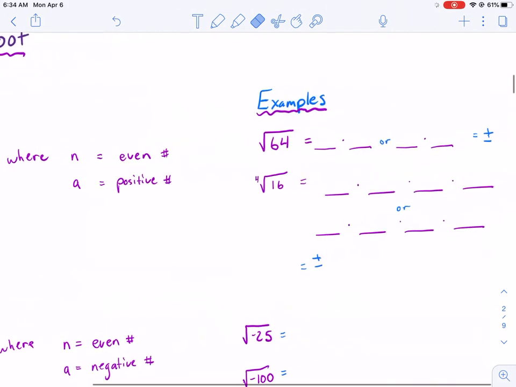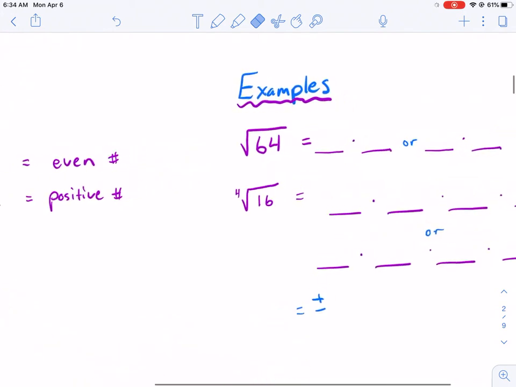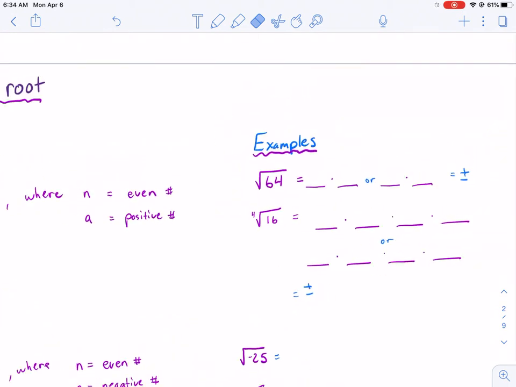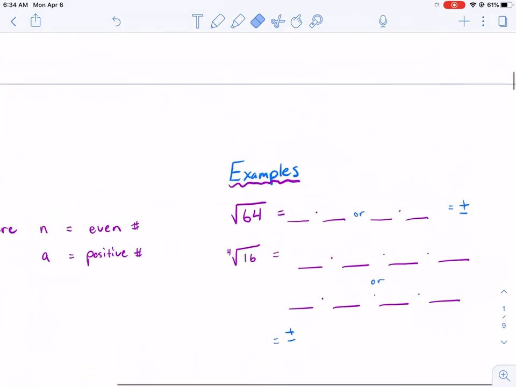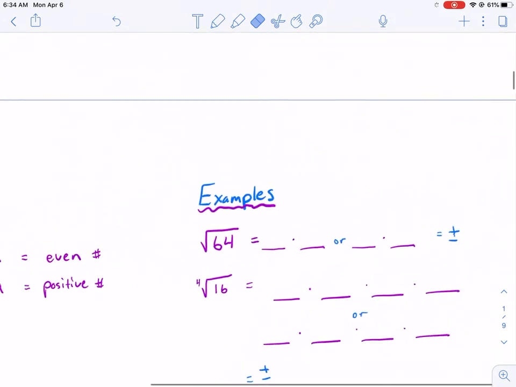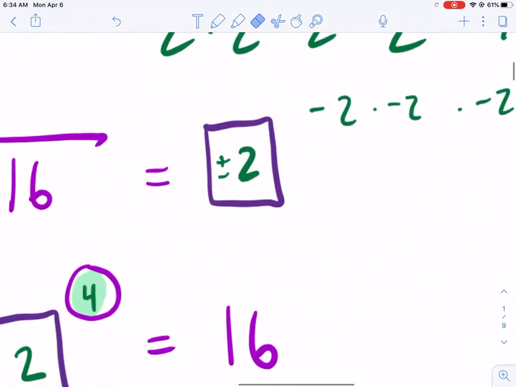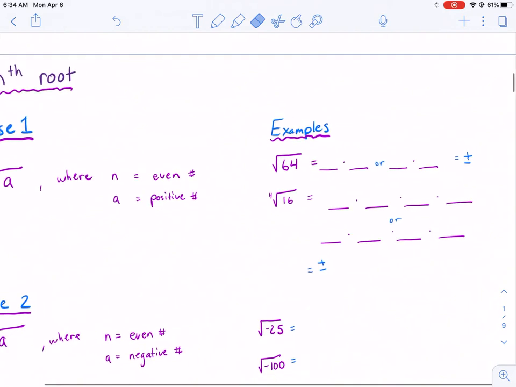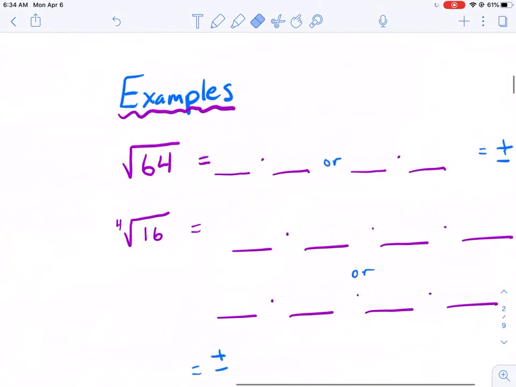So here we have an even number and it's positive. Okay, what's going to be the case here? And that was kind of like this example up here. Notice how we had a plus or minus. So that's a little hint. So here we have 8 times 8 could give us 64. Or it could be negative 8 times negative 8. Now, the thing is, it can't be 8 times a negative 8.